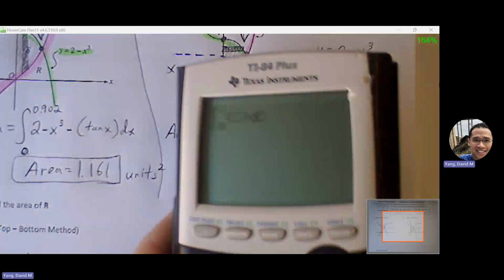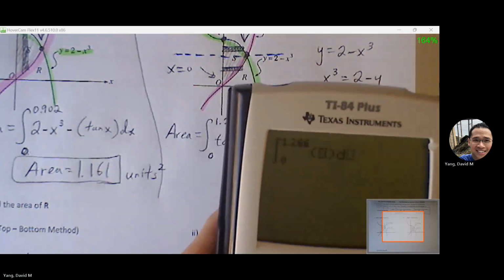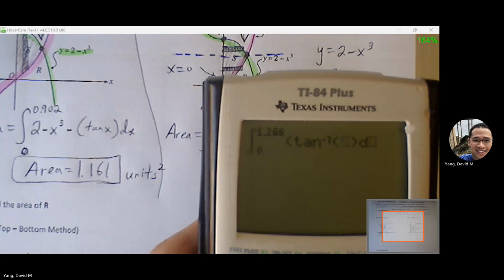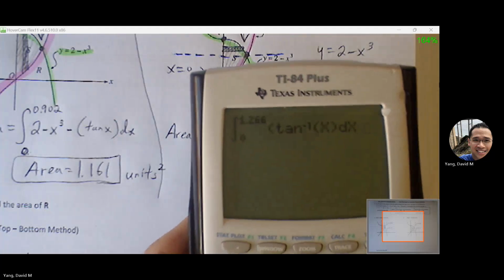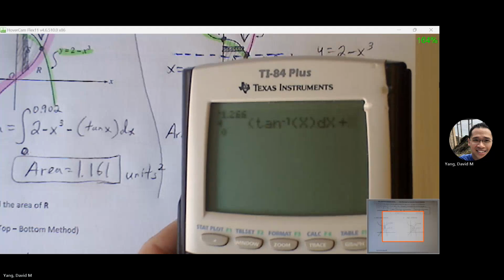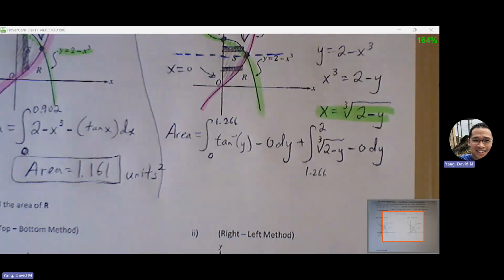Okay, let's practice plugging that in. Math 9. To get to cube root, you're going to do math 4.